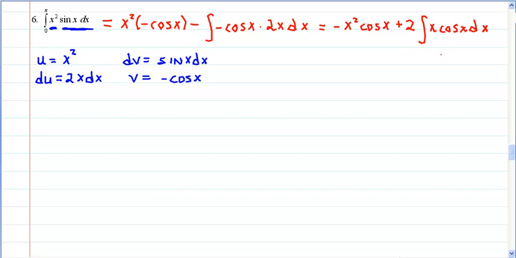So when I look at what's left in my integral, I have x times cosine x dx, which can't be integrated, so I'm still left with a product. So in an example like this, I have to use integration by parts again.